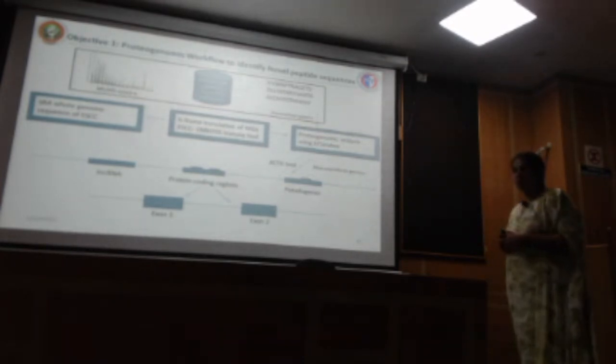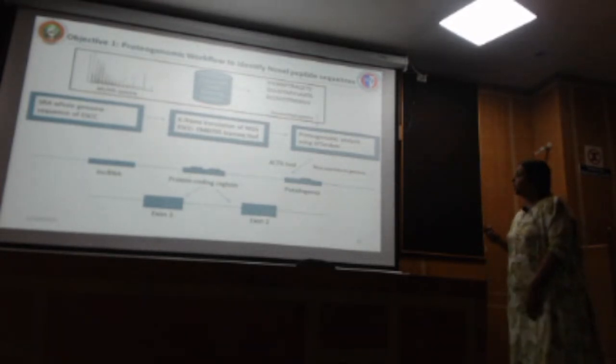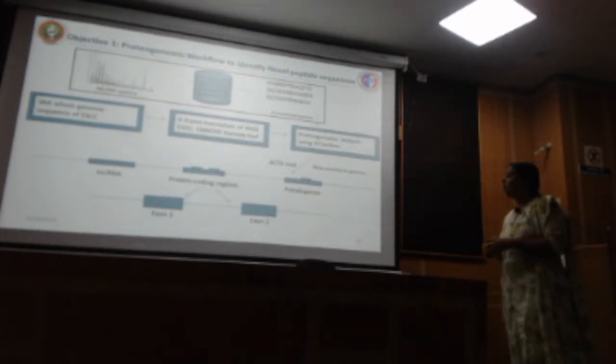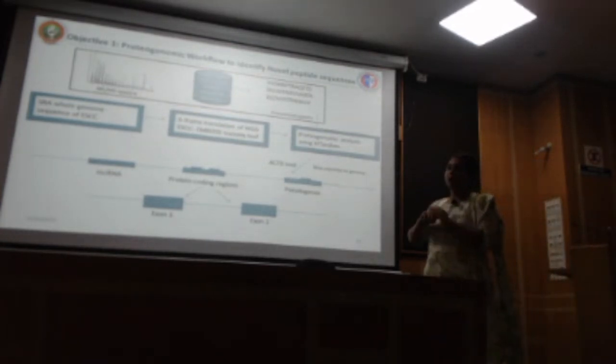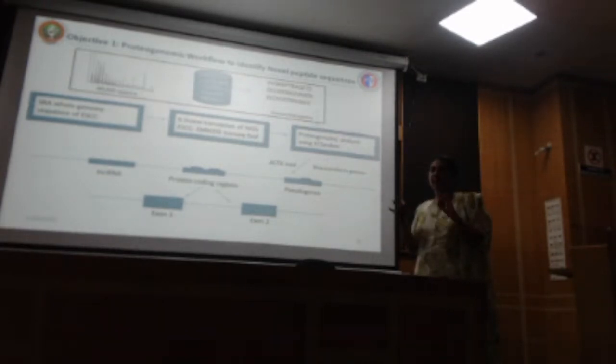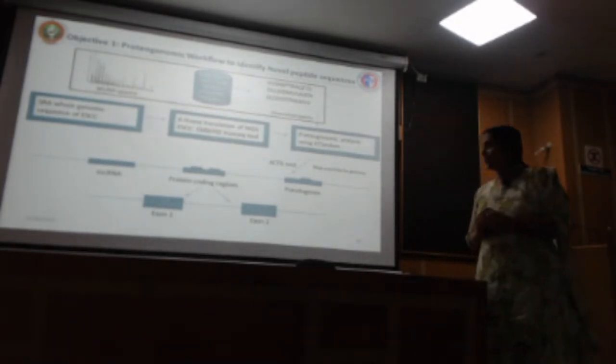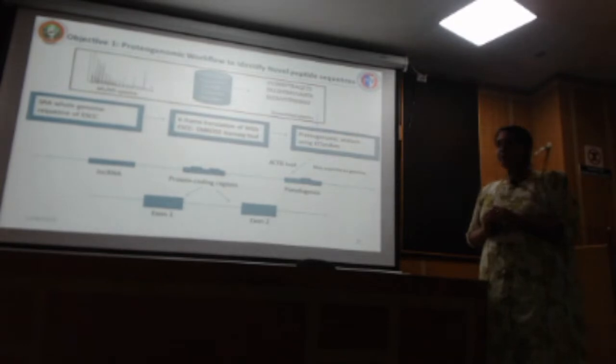Some 20,000 odd entries were matched, and whatever unmatched spectra remained was further used for proteogenomic analysis. In the second section, we are using SRA high-throughput whole genome sequence data. We took around 10 whole genome sequence datasets from the SRA database.